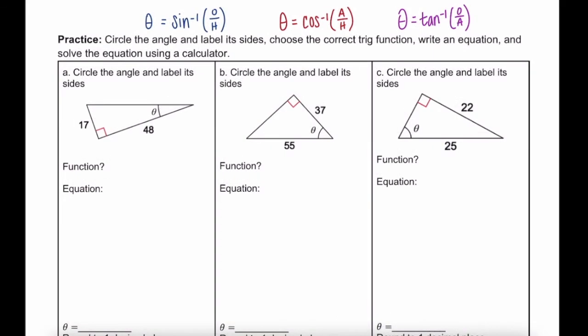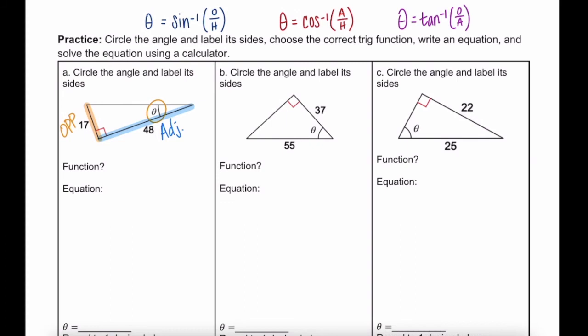So looking at example A, here is our indicated angle theta, and it is unknown. We do not know the value of theta. However, what are we given? We are given the opposite side to theta and also the adjacent side to theta. Opposite and adjacent. Which function are we going to use here?